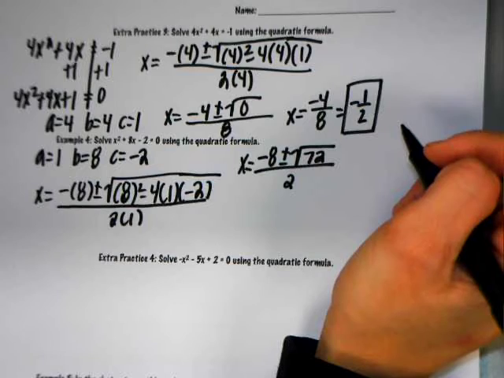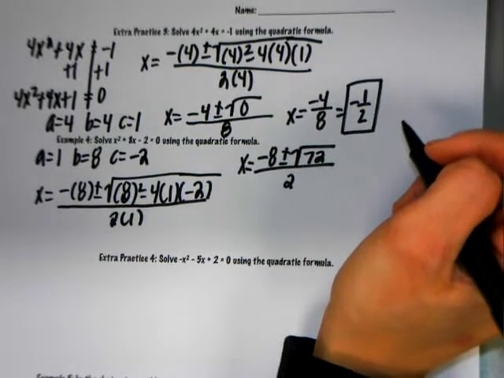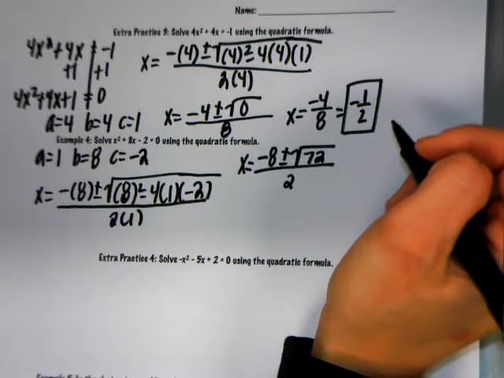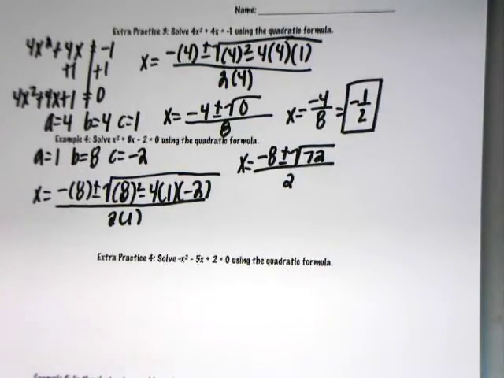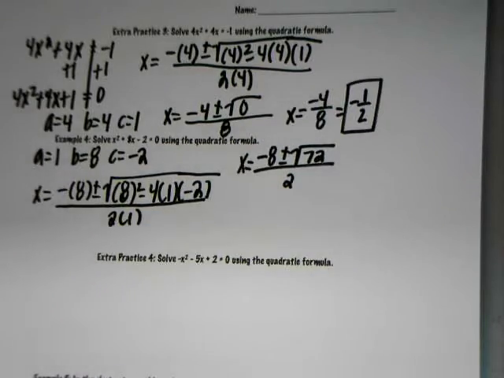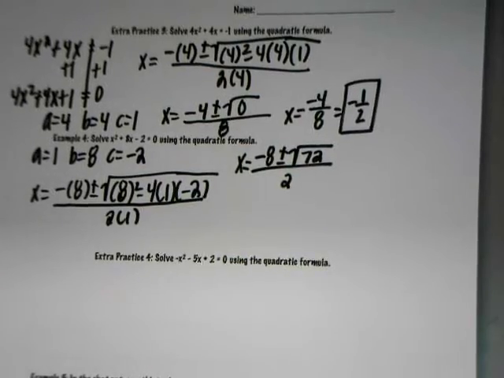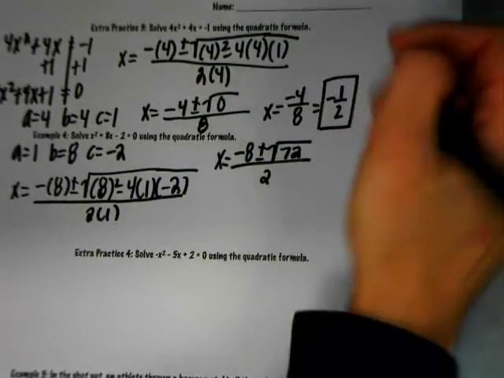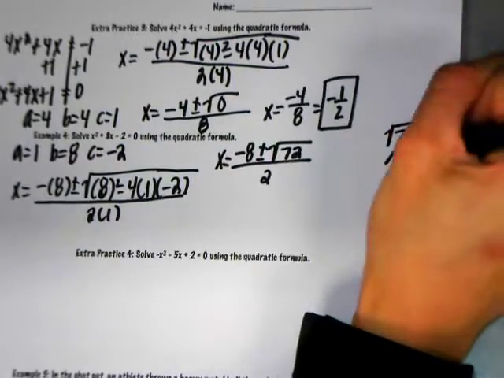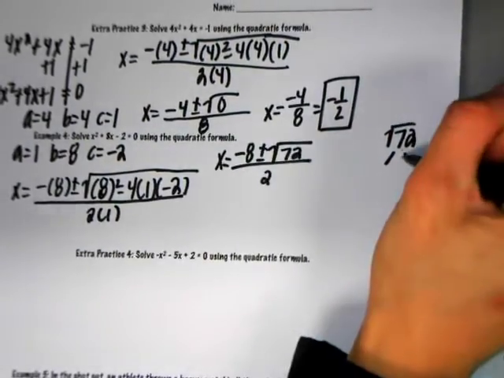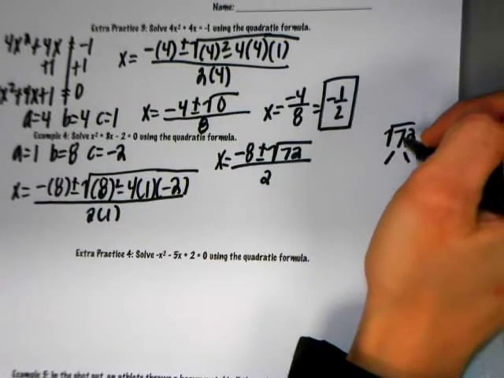No, I just forgot to subtract 4. Okay, can you take the square root of 72? No, you cannot. However, does it simplify? Yes, so let's go do that over here real quick. Not big enough. 12 doesn't have a square root.